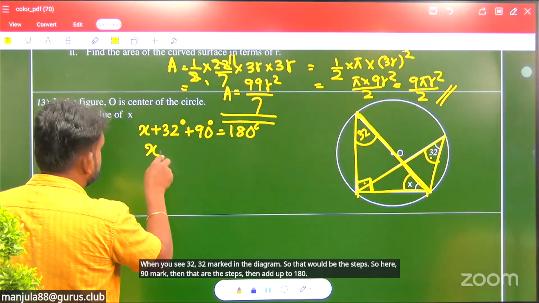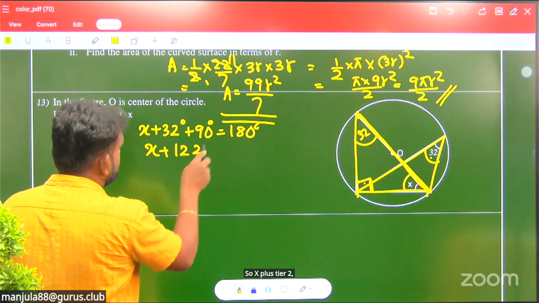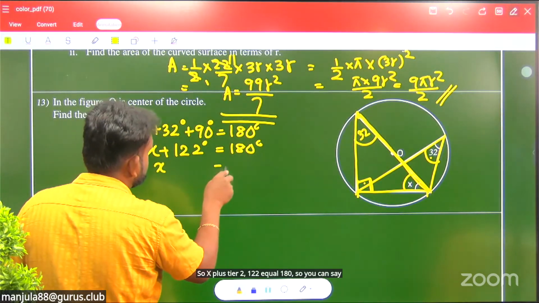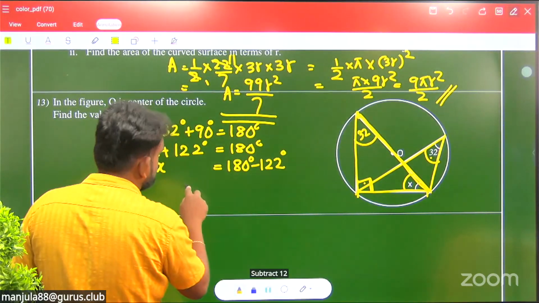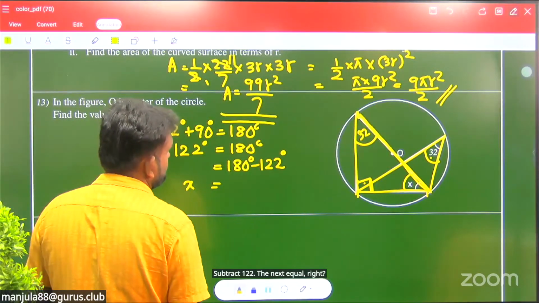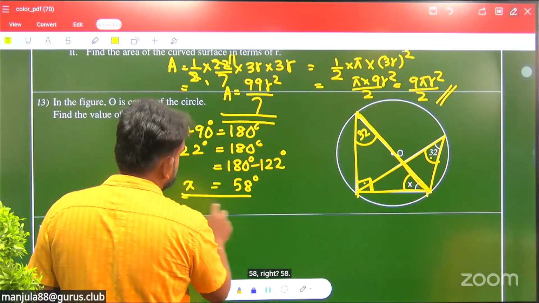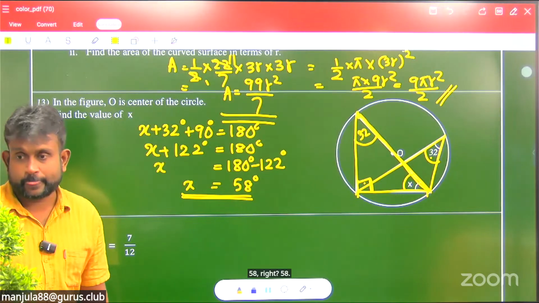So x plus 122 equals 180. So you can say x equals 180 subtract 122. Then x equals 58, right? 58 degrees.